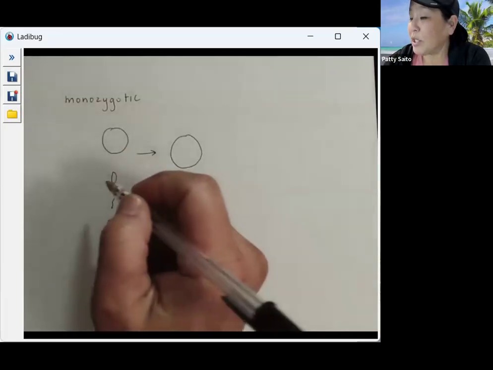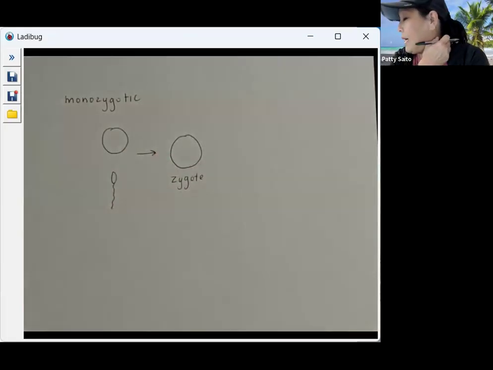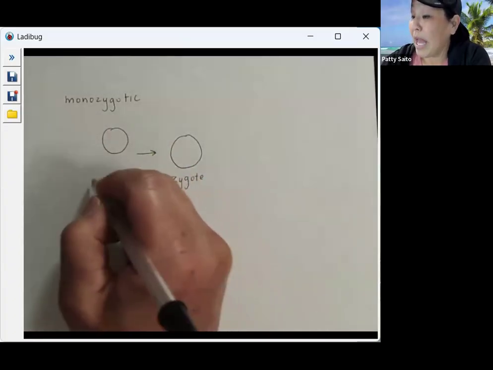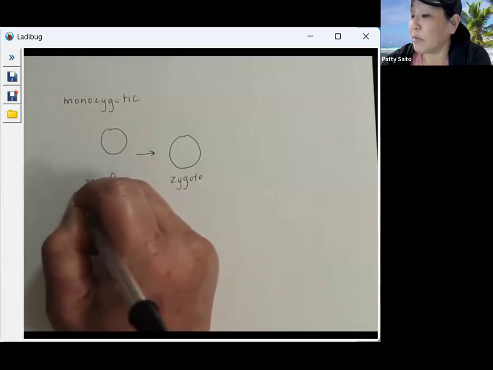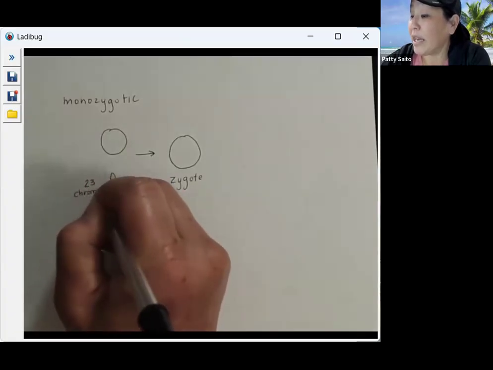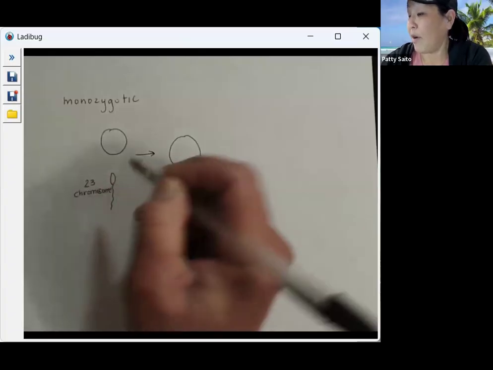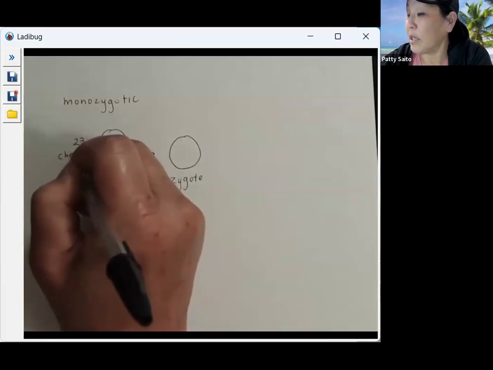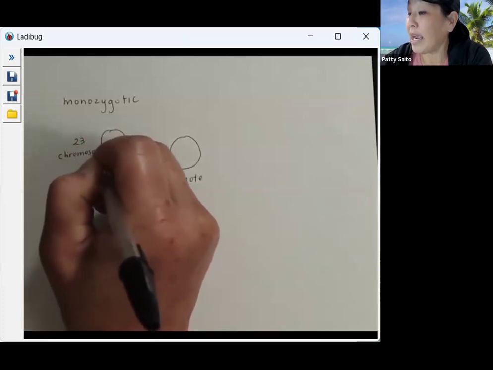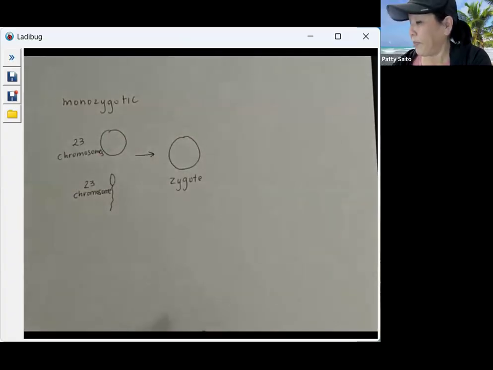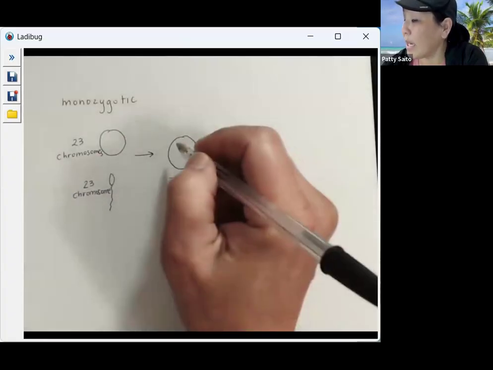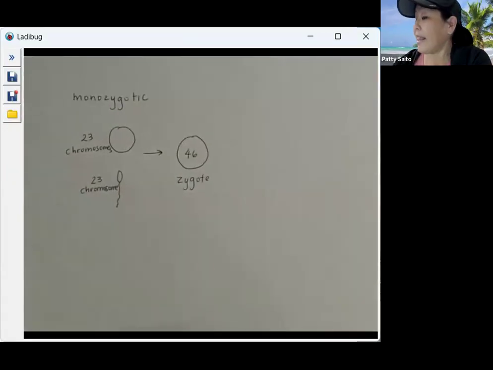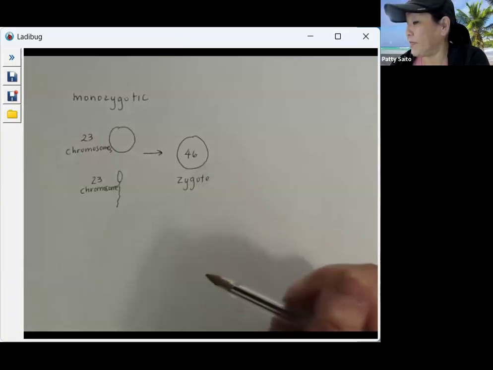I don't want to get too much into it, but each sex cell, the sperm will have 23 chromosomes donated by the father, and the egg will have 23 chromosomes donated by the mother. Okay, so the zygote then will have 46 chromosomes in that individual.